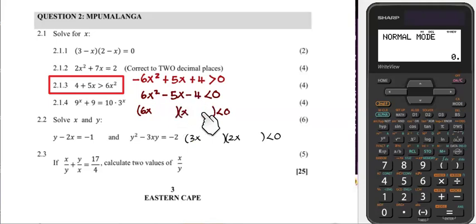If I put 2 and 2 here, that times that gives me the 12, and then this one gives me the 2. If I add 12 and 2, I don't get 5. If I take 12 minus 2, I don't get the 5. So 2 and 2 won't work.